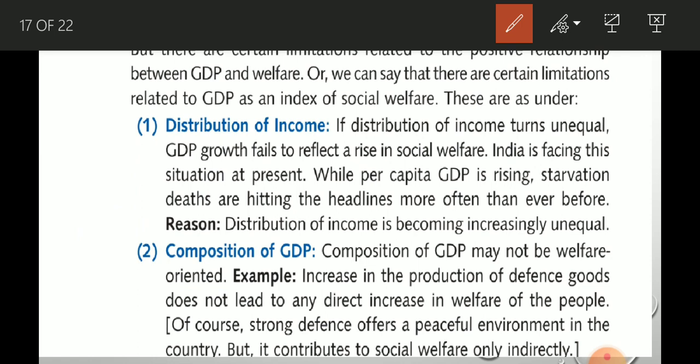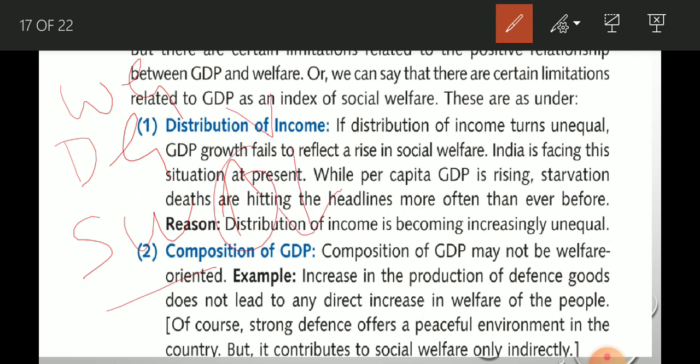In this case there is not going to be an increase in social welfare. If there is more production of war goods, social welfare is going to decrease. So increase in GDP is not going to explain the composition of GDP.